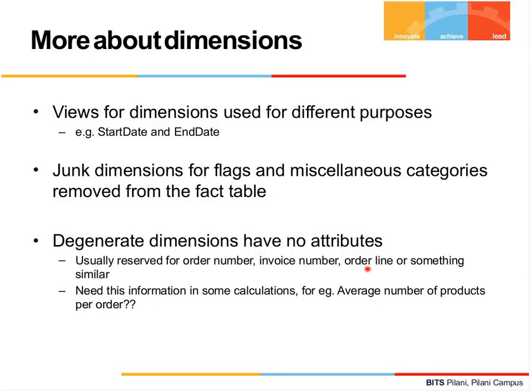I know some of them have numeric values, but they're not like measurements. I don't really do anything with them as measurements, but I sometimes need that information so that I can uniquely distinguish order numbers, uniquely count the number of lines per order, average number of lines per order, average price per order. If I want to do that kind of thing, I need that information.